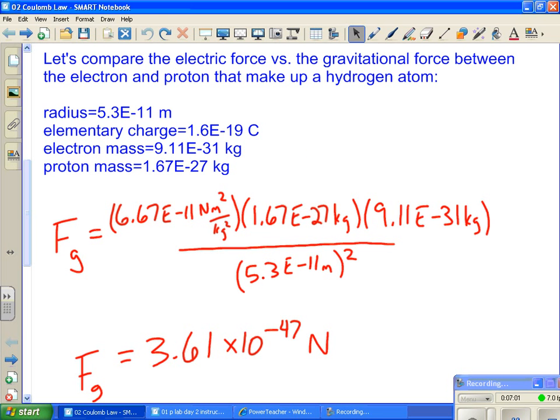And you can see here that I've got the masses of electrons and protons. Something I notice right away, if I'm comparing the electric force versus the gravitational force between the electron and proton in that atom, is that the masses, in MKS units, are much smaller numbers than the charges. I'm only using MKS units.